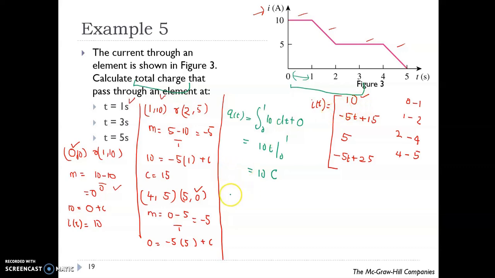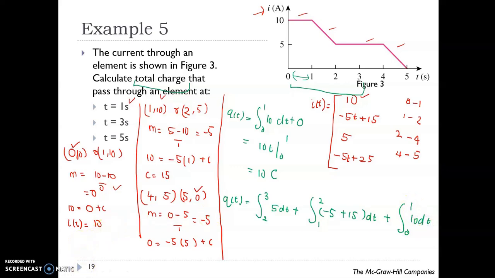So to find the total charge, q of t is equal to the integral from 2 to 3 of 5 dt, plus the integral from 1 to 2 of minus 5t plus 15 dt, plus the integral from 0 until 1 of 10 dt.